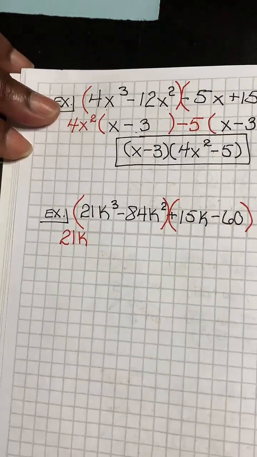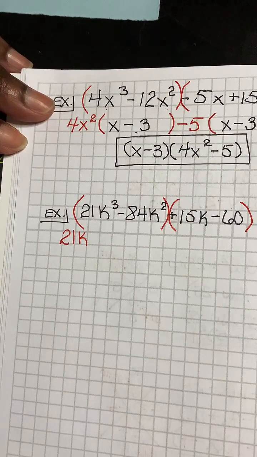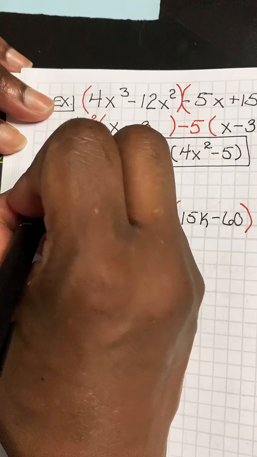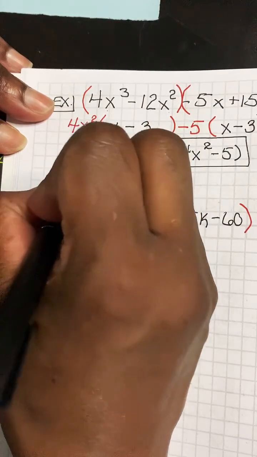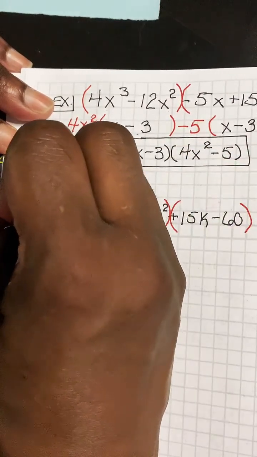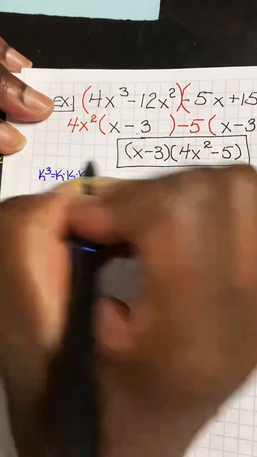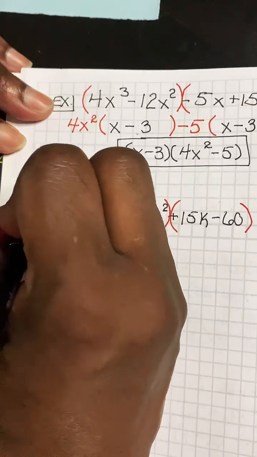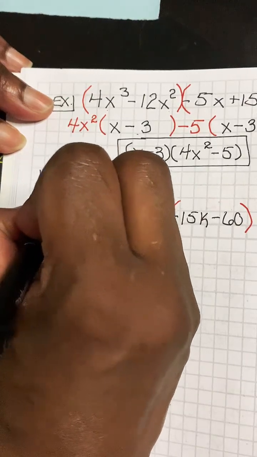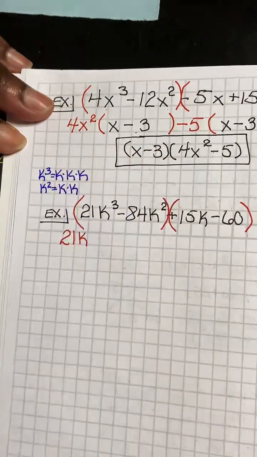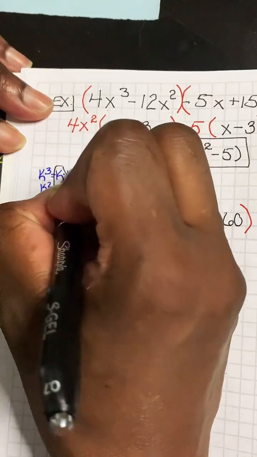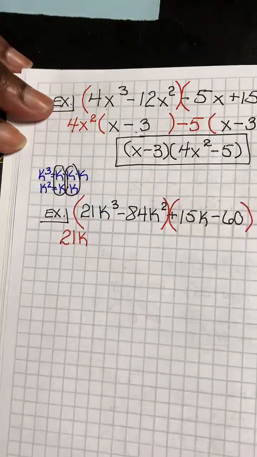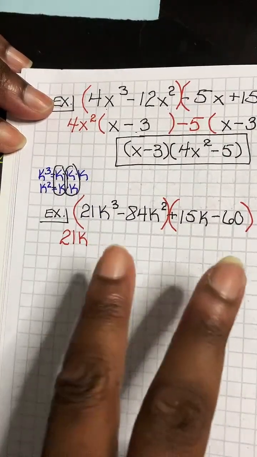So if I had k to the third power, and then we have k to the second power. How many groups of k's do they have in common? They have 2.